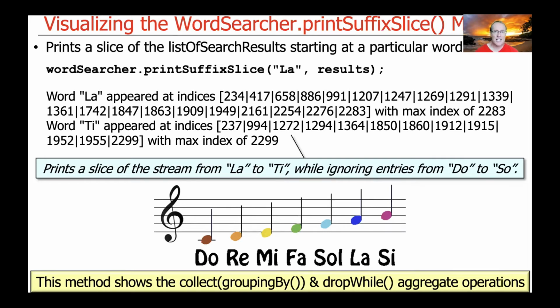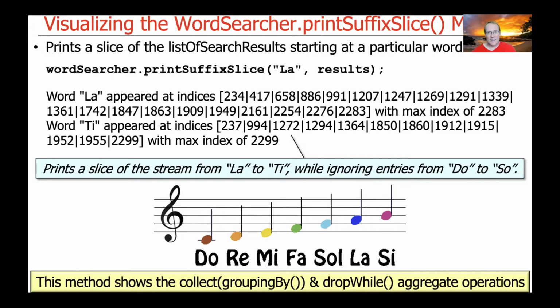So in this particular case, if we do print suffix slice la results, we'll just get la and ti and where those particular elements occur. So it's printing a slice of the stream from la to ti while ignoring all the entries, or dropping all the entries, from do to sol. So kind of a funny thing.